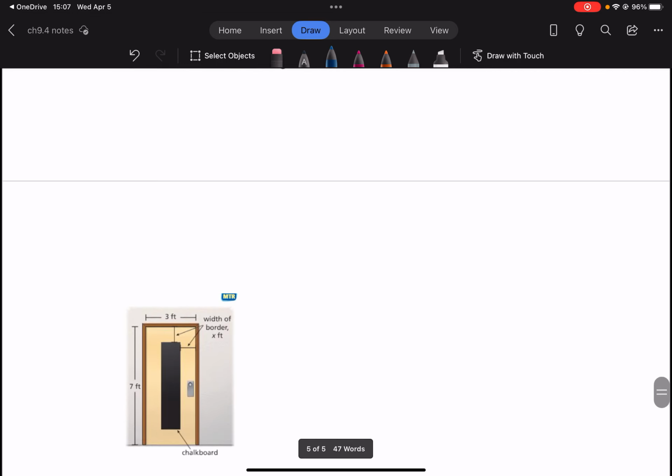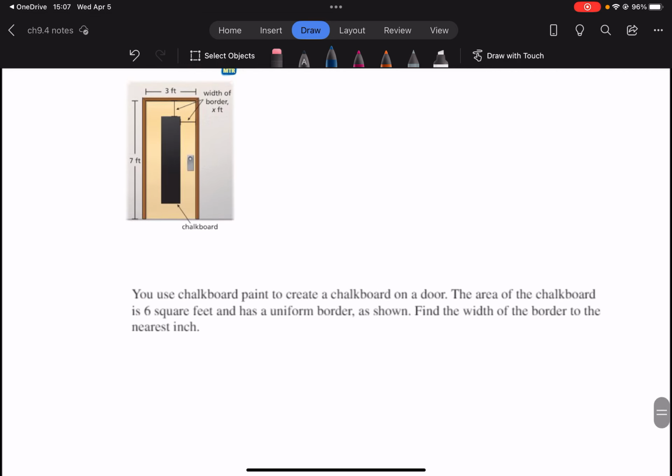And so what I want to look at on the last page is I've got this here. It says, use a chalkboard to create a chalkboard on a door. The area of the chalkboard is 6 square feet and has a uniform border as shown. Find the width of the border to the nearest inch. So I know that my chalkboard here has an area of 6 square feet.